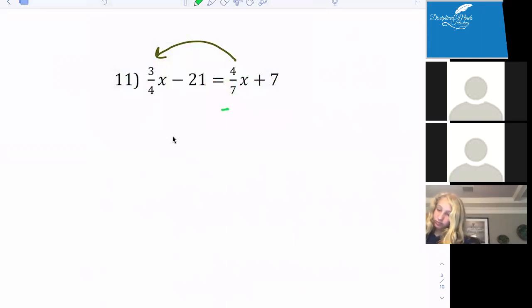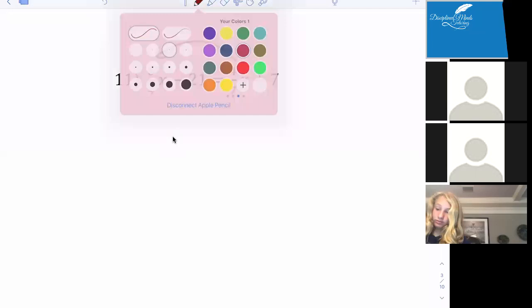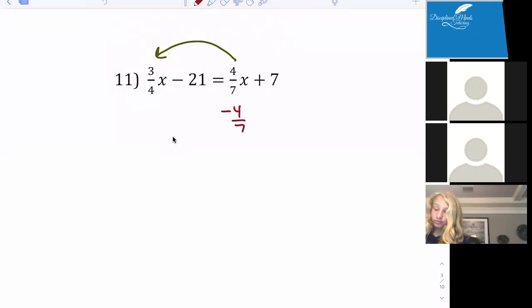Minus 4/7. You're one step ahead. So we're going to subtract 4/7. That's a bad color, sorry guys. I'm changing. Subtract 4/7 x. Subtract 4/7 x. And then we're going to do what? Add 21. Add 21. Beautiful.